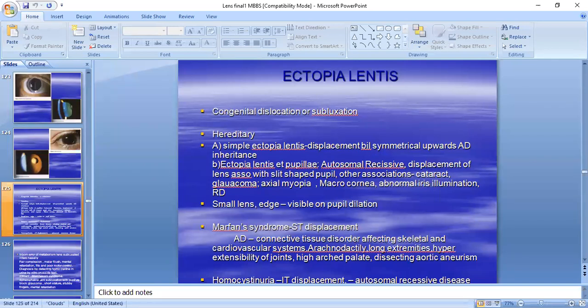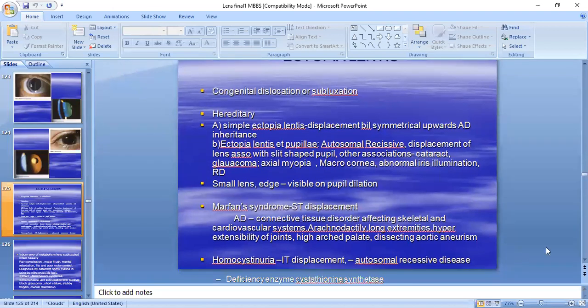And second is Marfan syndrome. Here the lens is displaced superotemporally, with autosomal dominant inheritance, and it is a connective tissue disorder affecting the skeletal and cardiovascular systems. The patient will have arachnodactyly, that means long spidery fingers, and long extremities, and the length of the outstretched arms will be equivalent to the height of the individual.